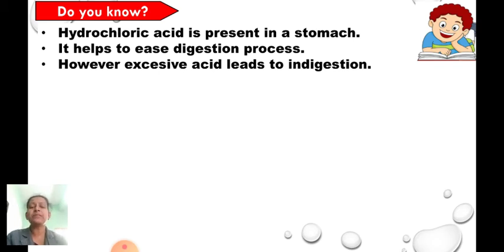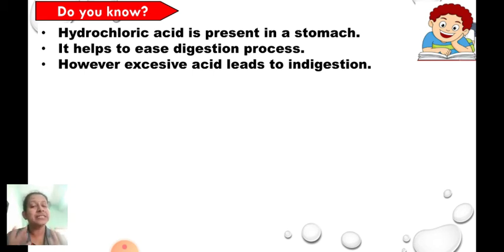But sometimes excessive acid is produced. Whenever you are hungry, the stomach gives a signal that you are hungry, and at that time acid is produced in larger quantity. Suppose you don't eat at that time, what can happen?